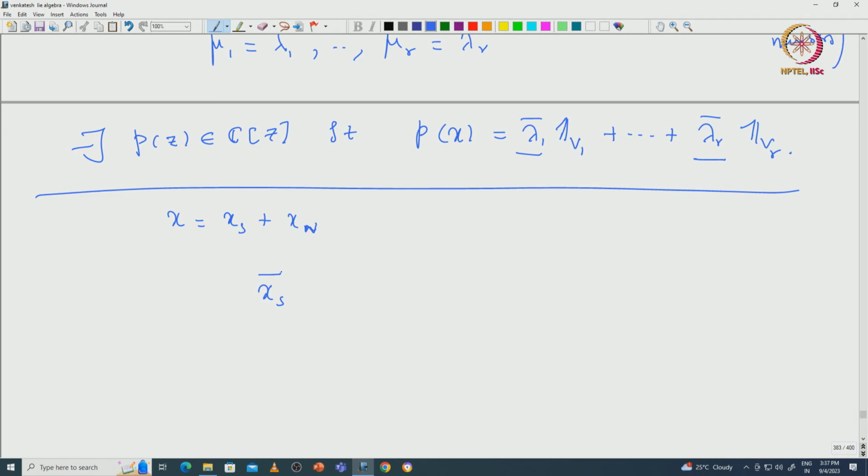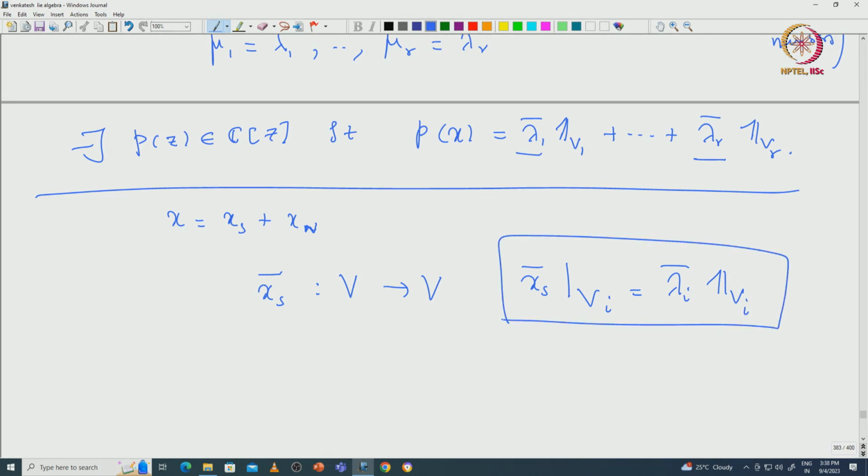So what is x_s bar? x_s bar is defined on this capital V, where x_s bar on V_i is given by λ_i bar identity on V_i. This is how one defines x_s bar, which is defined for the diagonalizable operator x_s.